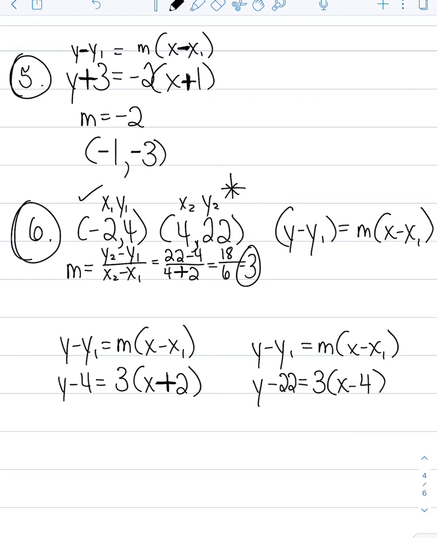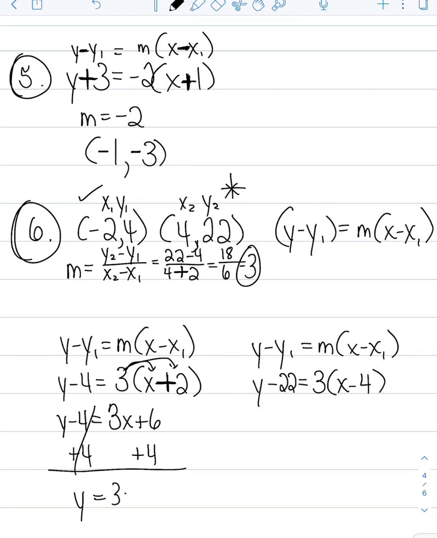So this is point slope. I'm going to change the first one to slope-intercept form, or the y equals mx plus b. So I'm going to do that by doing the distributive property. So I get 3x plus 6, and then I'm going to add 4 to both sides. So when I do that, I get y equals 3x plus 10.